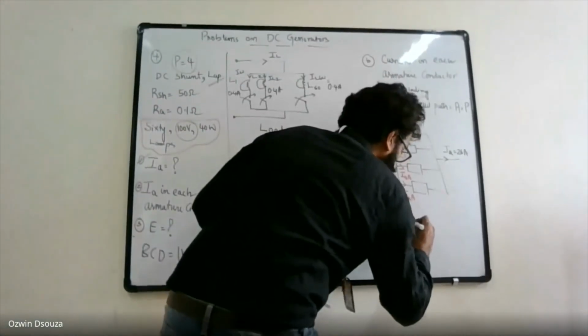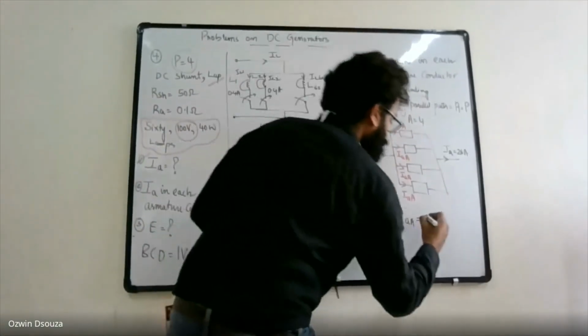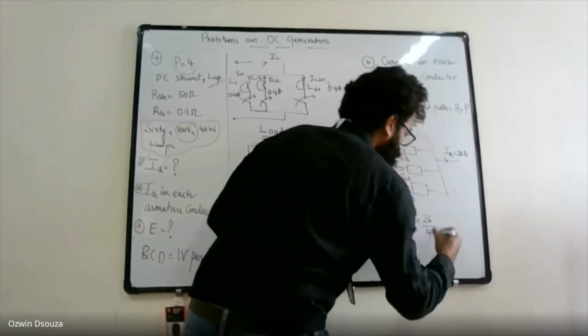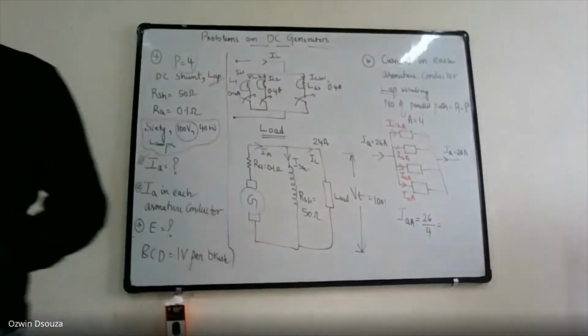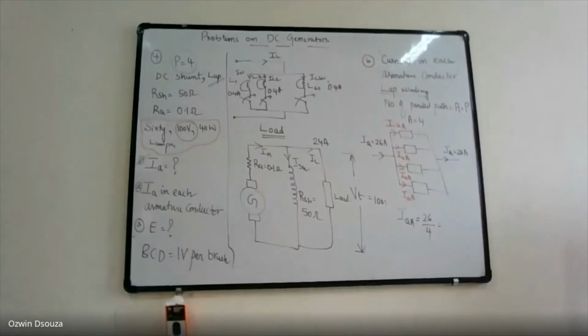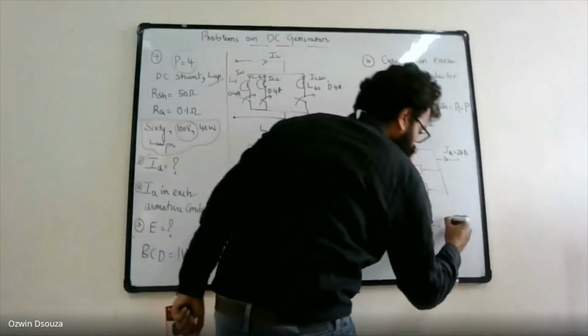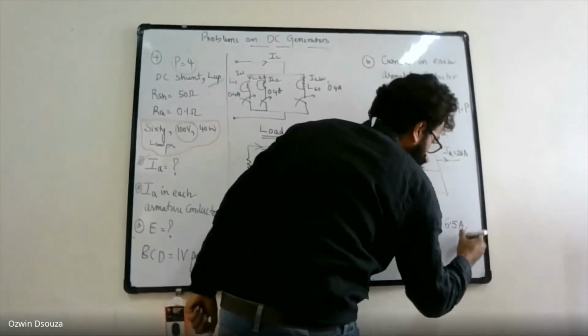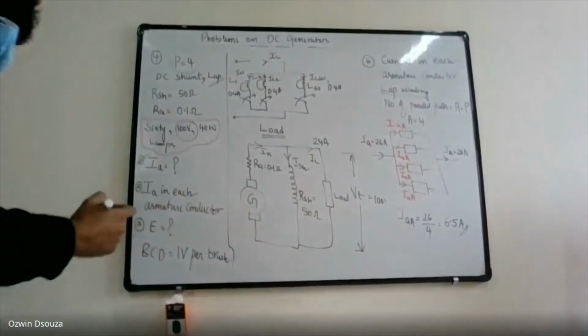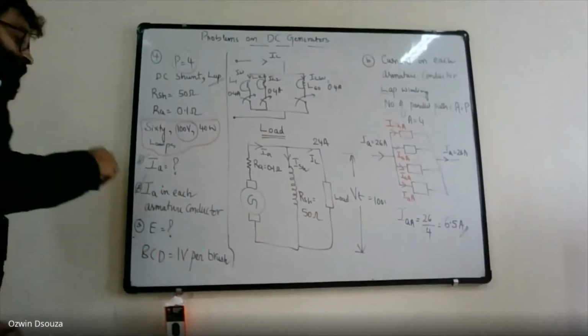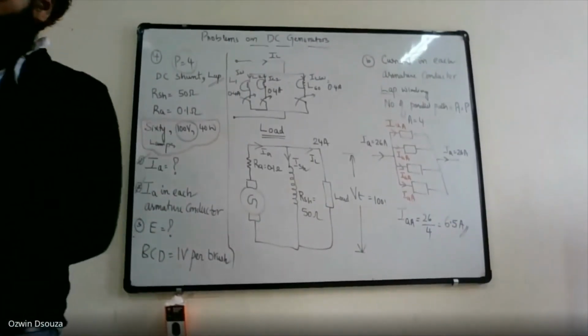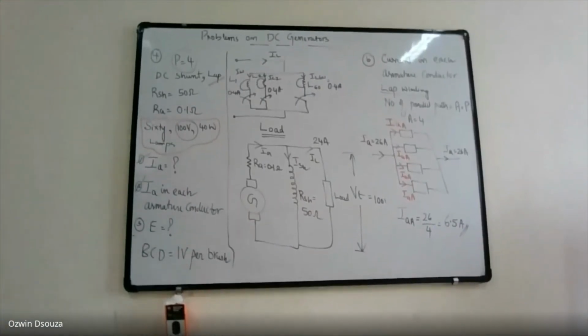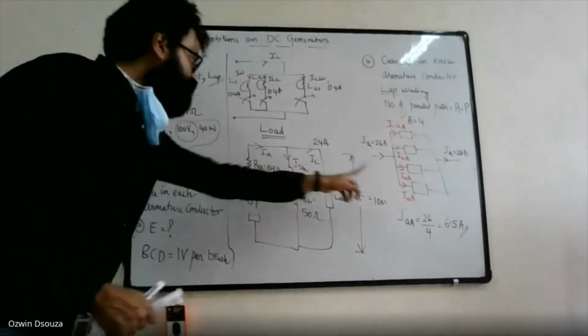Therefore, IA is equal to 26 divided by 4, which is about 6.5 amperes. So each parallel path is drawing about 6.5 amperes of current. All right, that concludes part B.